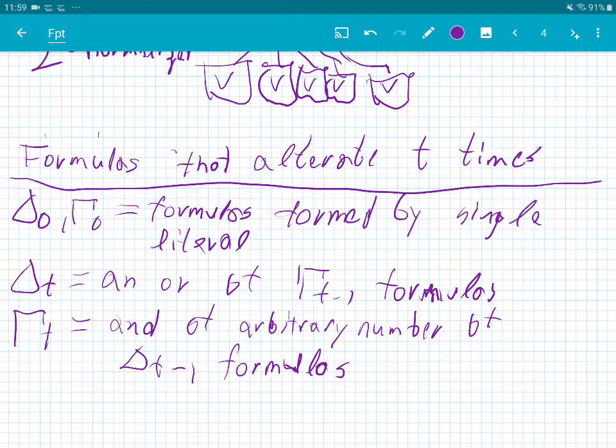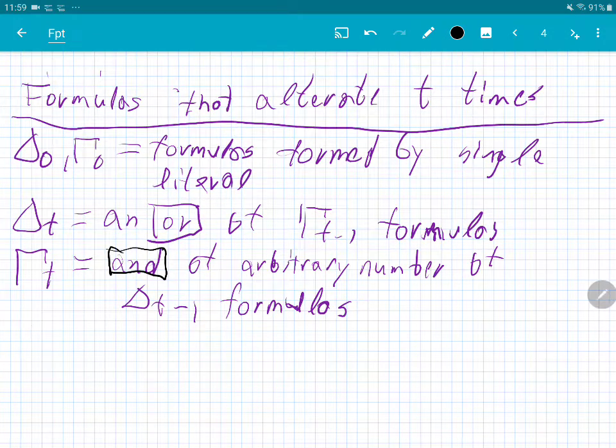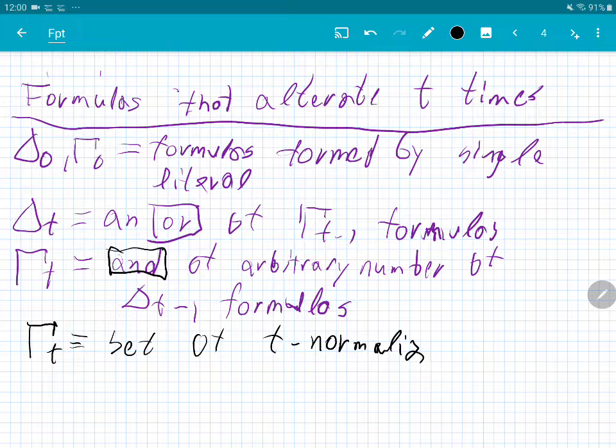So delta has an OR gate at the top, while gamma has the AND at the top. And you're allowed to alternate. Now we are going to call gamma t the set of t-normalized formulas.